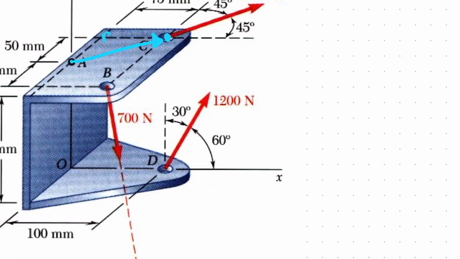So this is R of C with respect to A. Kani siya is R of B with respect to A.